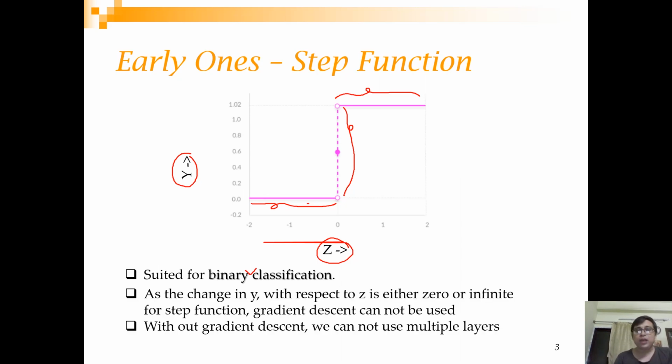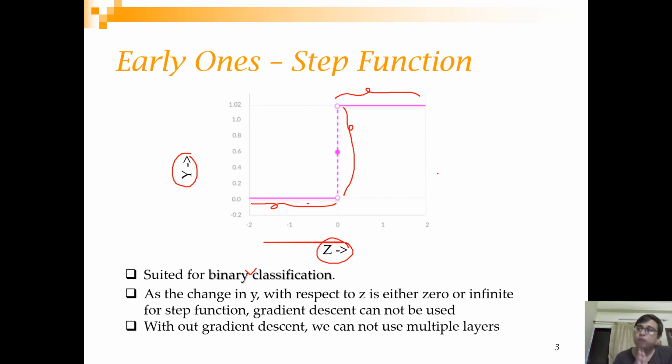What is the trouble? If you remember, in a neural network the weights that we just discussed, W0, W1, W2, are found through an algorithm called gradient descent. And gradient descent depends on derivatives. But here you see that this function doesn't have derivatives, so we cannot use gradient descent.